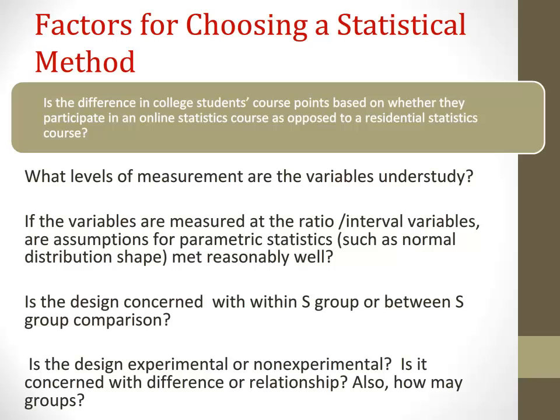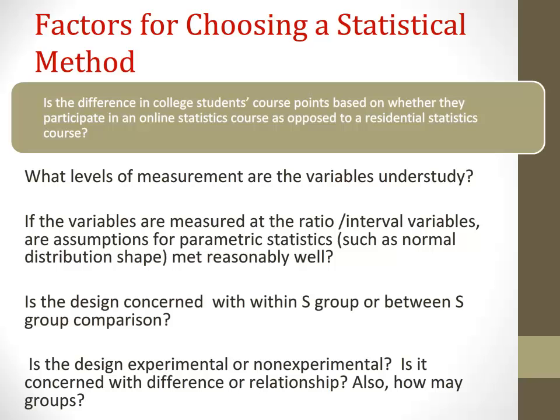Finally, we're going to ask, is the design experimental or non-experimental? Let's say that in this case the researcher actually assigned the participants to treatment, either residential or online, and therefore it's experimental, therefore it's concerned with the differences between the two groups. So we're concerned with differences, so that rules out our correlational analyses such as a Pearson's R. So the next question we're going to ask is, how many groups are there?